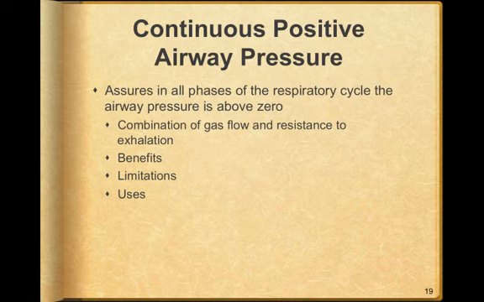Combination of gas flow and resistance to exhalation. So we can actually turn up PEEP on most CPAP devices. So the air goes in and then it opens up the airways so we can recruit more alveolar space. Benefits of this are more airflow, improved oxygenation and ventilation, improved diffusion, and greater gas exchange on the surface area.